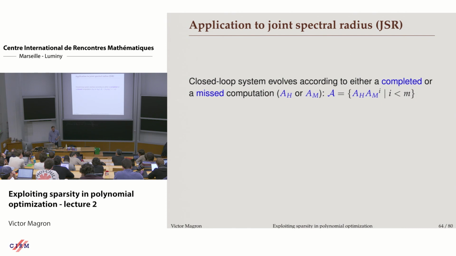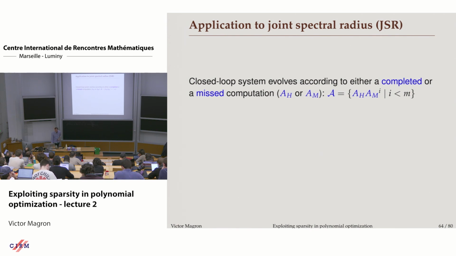Okay. And then we had this application to a closed loop system. It was connected to a real-time system problem, where you consider the behavior of programs with completed or missed computation. So you have two kinds of matrices, and then you multiply them.